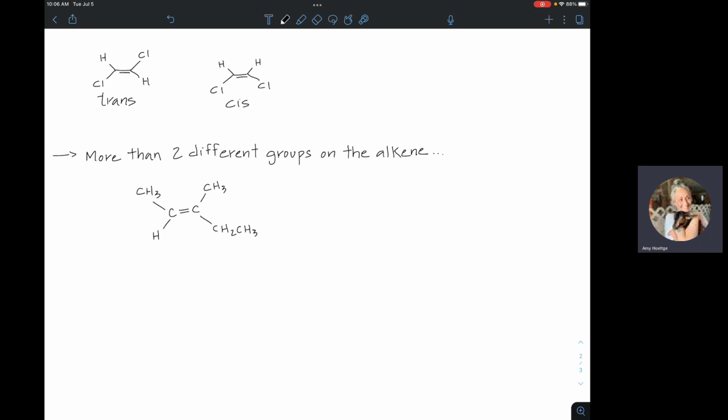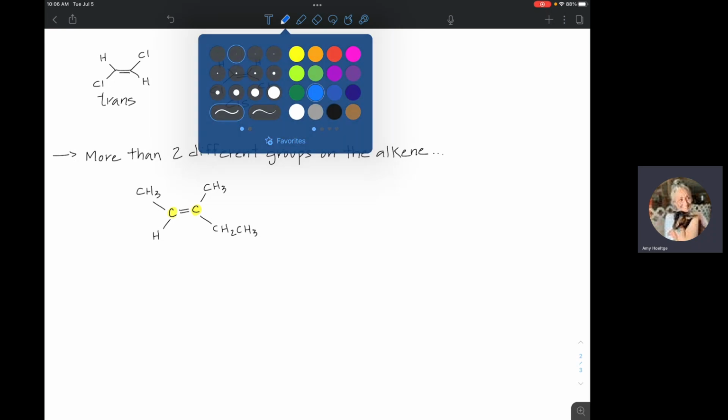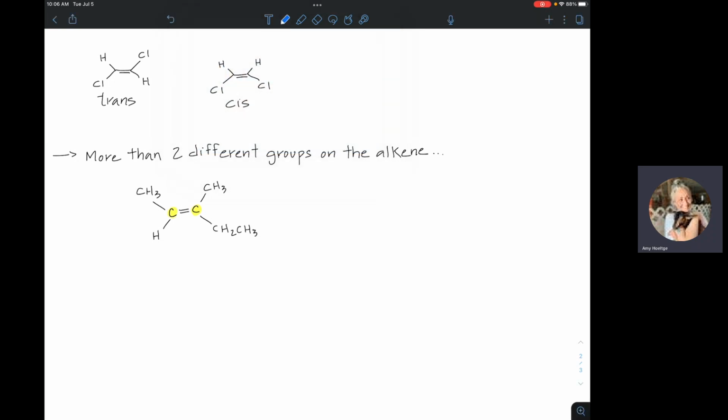So we're going to have a look at the carbons that have the double bond between them, and then we're going to look for the substituents on those carbons and find the biggest ones. So we find the biggest substituents: on the carbon on the left is going to be the methyl group, and the biggest substituent on the carbon on the right is going to be the ethyl group.